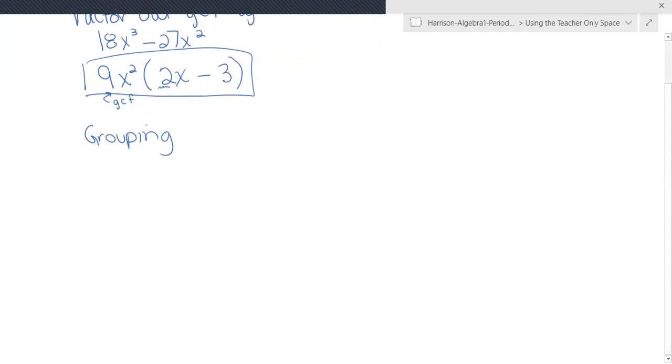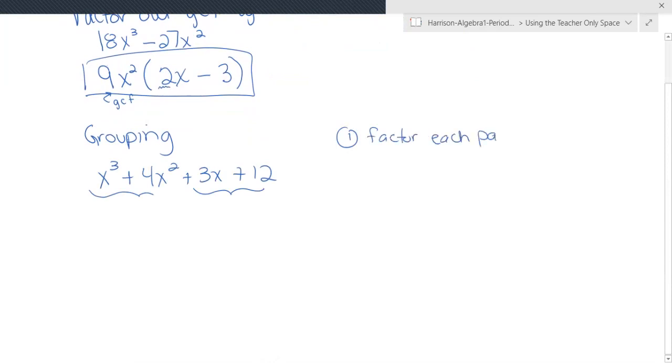So to factor by grouping, if I have x cubed plus 4x squared plus 3x plus 12, what we need to do is separate these into two pairs, and we're going to factor each pair.